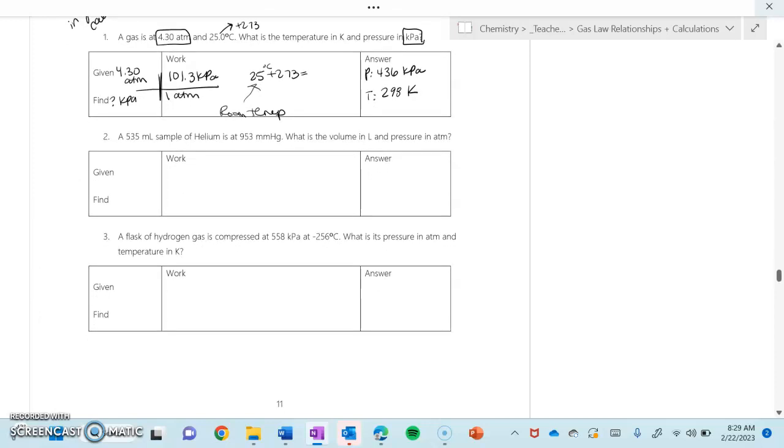Let's do one more that involves volume, just so you can see how we're going to do that. Again, I would suggest using the given-find workspace for any pressure conversions, and then do the other one. So here's pressure. Just identify those units. 953 millimeters of mercury, and we're finding atmospheres. So do a conversion.